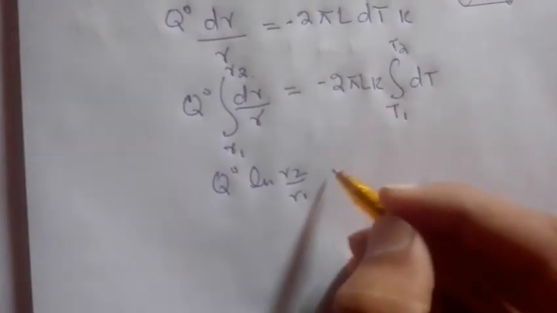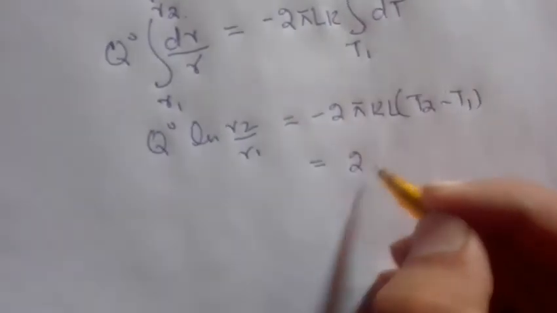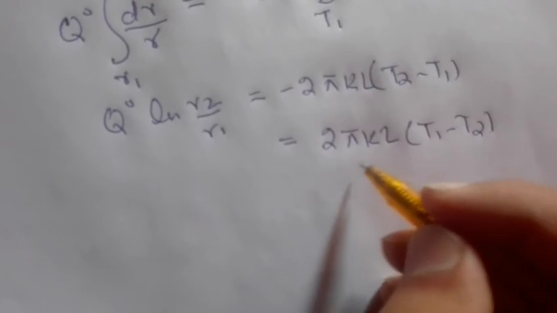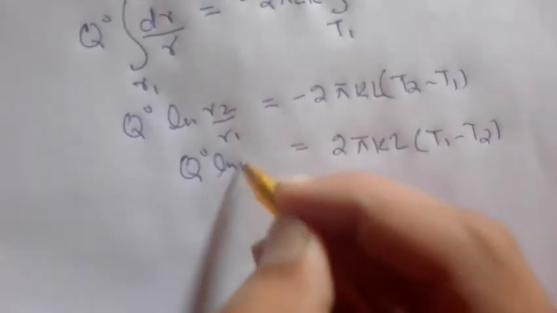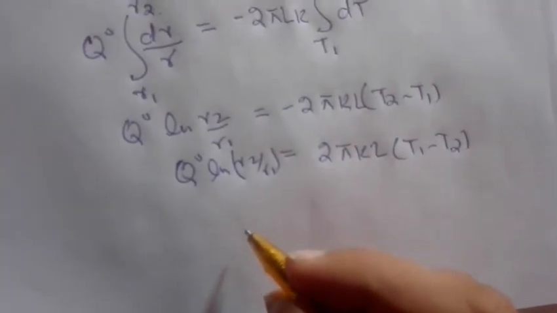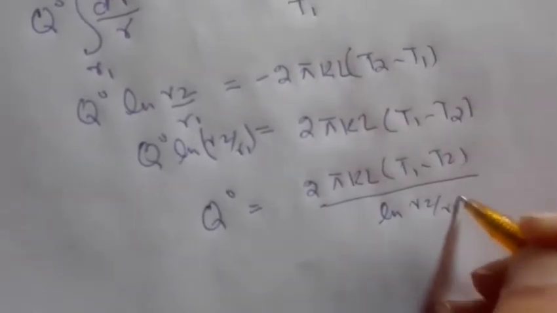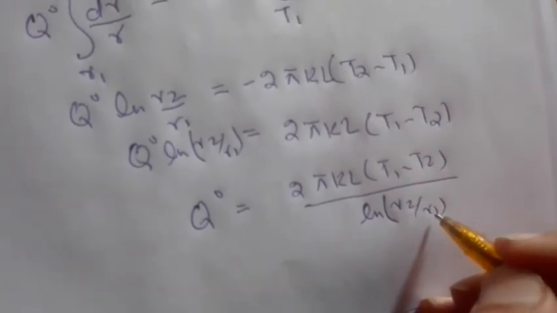When we simplify this further, we get Q ln R2 by R1 is equal to minus 2 pi KL (T2 minus T1), which is 2 pi KL (T1 minus T2). So the heat rate is equal to 2 pi KL (T1 minus T2) divided by ln R2 by R1, where R2 is the outer radius and R1 is the inside radius.